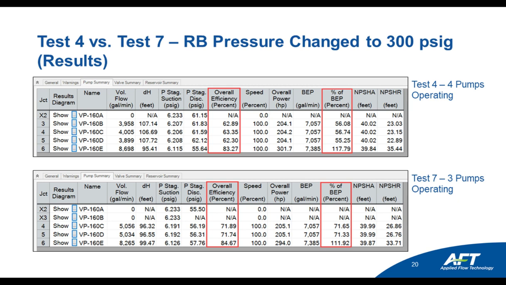With 4 pumps operating, we're seeing proximities of the best efficiency point of all the way down to 40%. So having an increase from 40% up to 72% of the best efficiency point is huge, especially when the pumps are then able to operate at efficiency values of 72%.